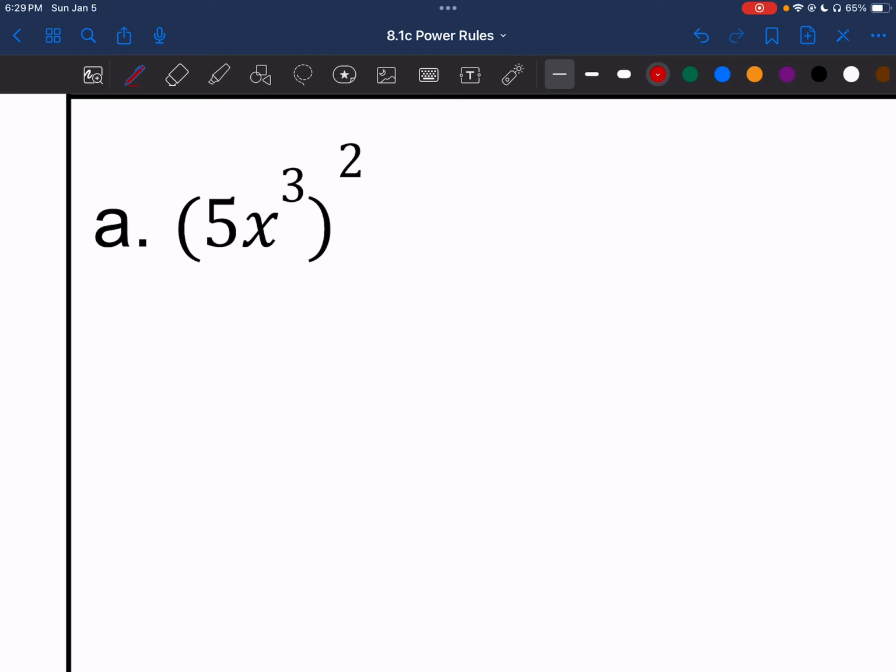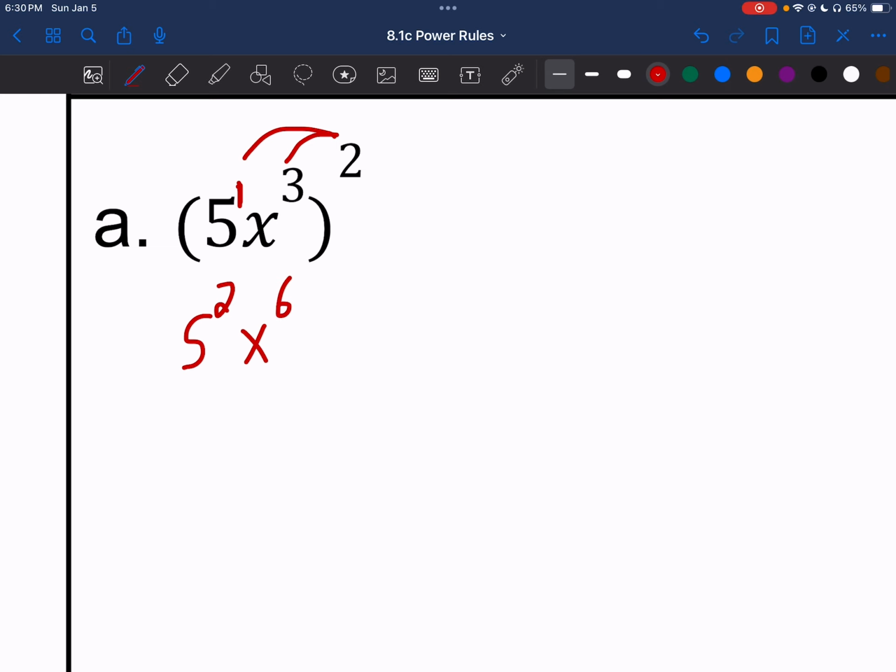So we start with, you need to remember that that 5 has an exponent of 1 on it, right? Anything that doesn't have the exponent written is a power of 1. So that 5 has a power of 1, and the x to the third power is there. So this 2 is being distributed to everything on the inside, just like when we did with chemistry and counting atoms. So we end up with 5 to the second power, and we have x to the 6th power.